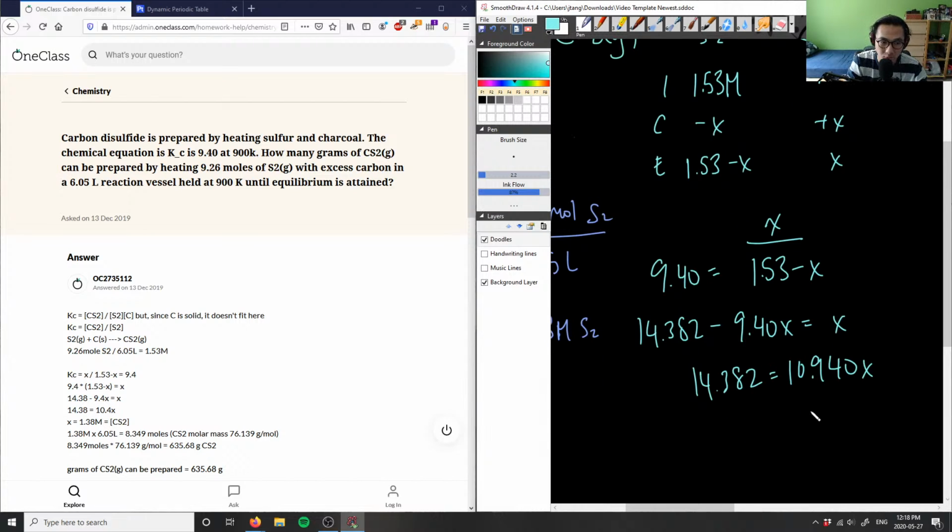Therefore X is going to equal 14.382 divided by 10.40, which is 1.31.